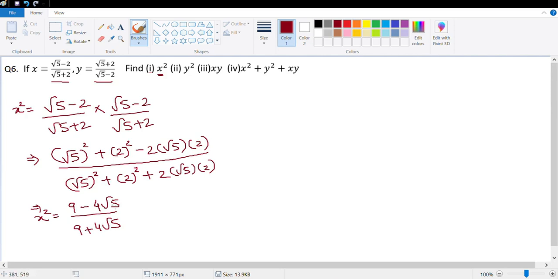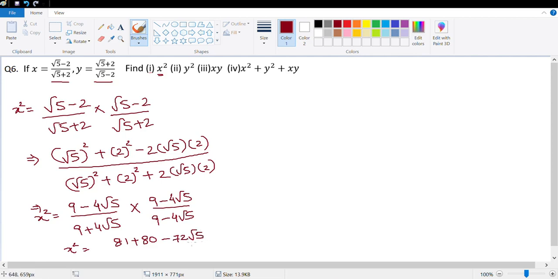Now we'll have to rationalize this. So the denominator is in the form x plus y, which means I'll rationalize it with the form x minus y. So I multiply it with 9 minus 4 root 5, and what I get is the numerator is x minus y whole square, which means x square plus y square, which is 4 root 5 whole square. That's 16 into 5, that's 80, minus 2 into 9 into 4 root 5, that's 72 root 5.